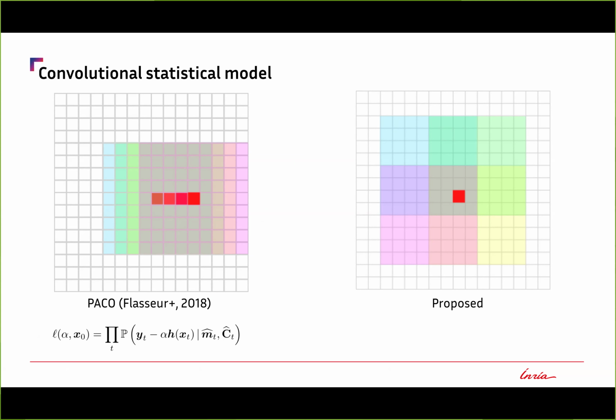So you can model correlations at a longer range, and it's also more efficient because you don't need to fit as many Gaussian distributions. Here we have one distribution per pixel. Here we can do one model every 4 pixels, for example. That's 16 times fewer Gaussian models to fit. So it's much more efficient.